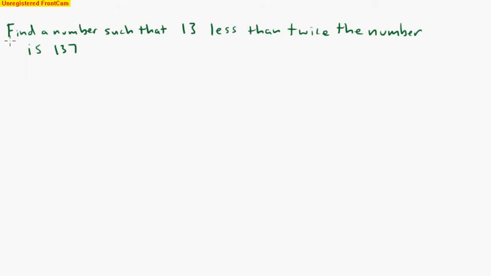Find a number, that's like saying solve when you're done, such that 13 less than twice the number is 137. 13 less than twice the number is 137. Find the number. Alright, so we've got our equation set up. Now we've got to solve.